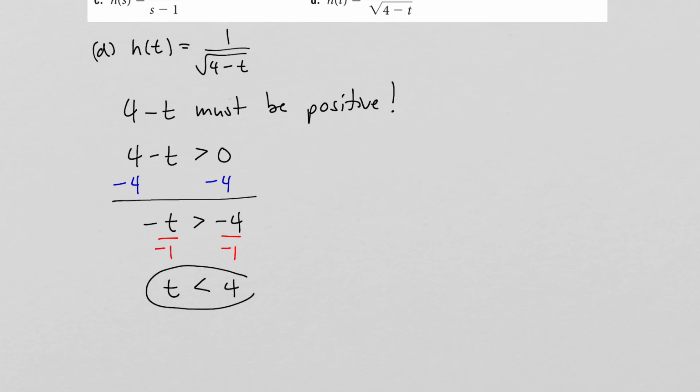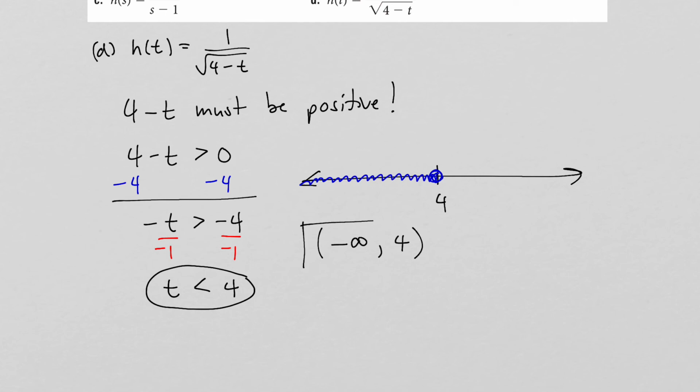So in order for us to get a real number in this function, we can only plug in values of t that are less than 4. And on a number line, here's 4. If t has to be less than 4, it looks like this, and there's an open circle there. So that is all the numbers from negative infinity up to 4.